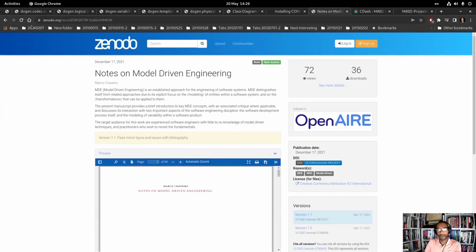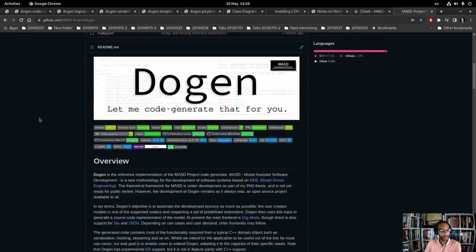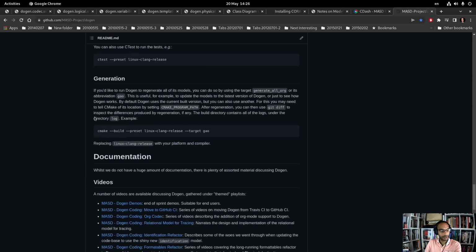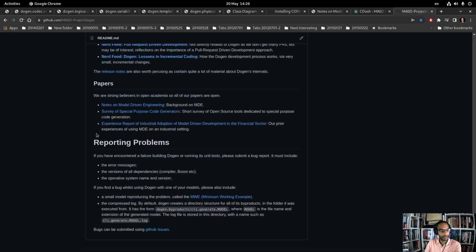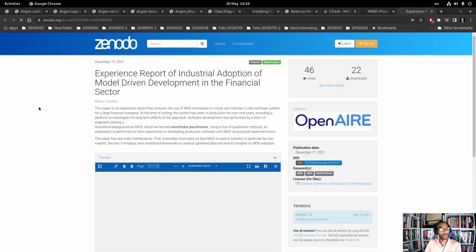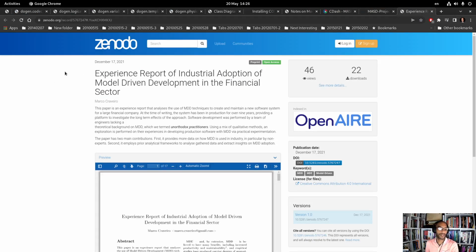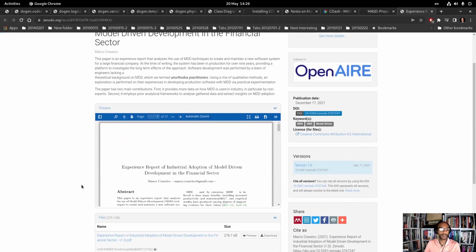You can probably get it from the main website. If you want to understand a bit of the context of how I got involved in this, I recommend you read this experience report. I got involved in code generation all the way back in 2010 because I was part of a team that had to write a code generator, and this paper narrates all of our adventures.